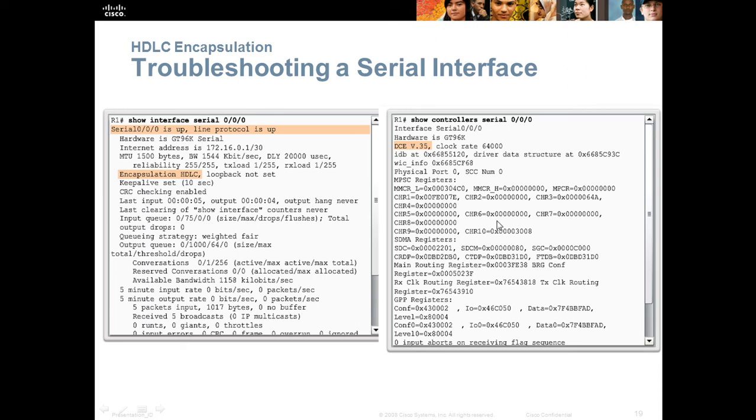At the same time, we can give another command, show controller serial, which shows us whether the end router is DTE or DCE. If it is DCE, we must also configure the clock rate.